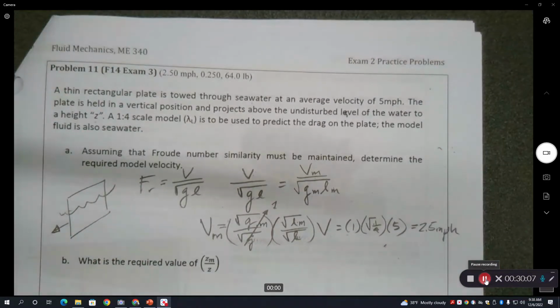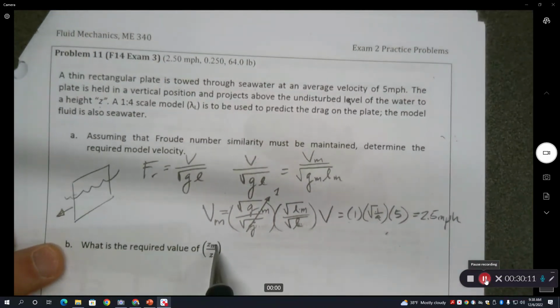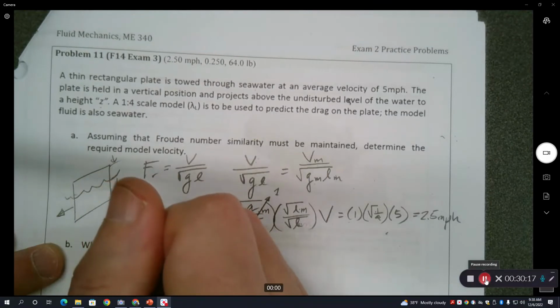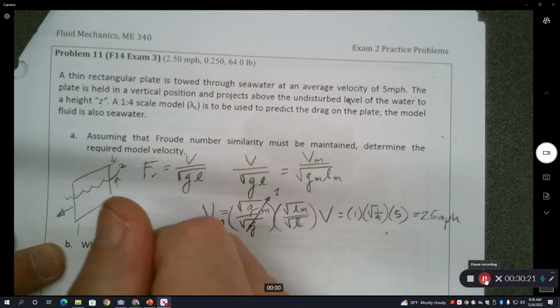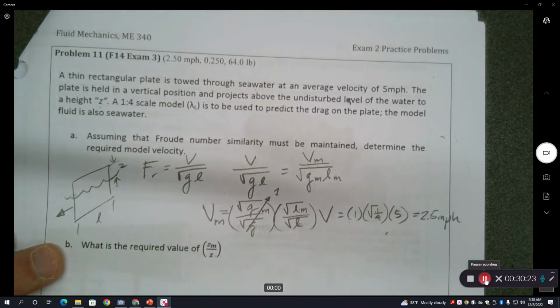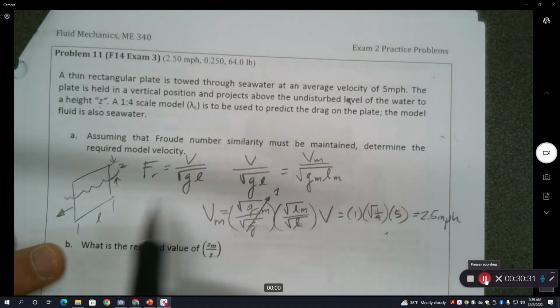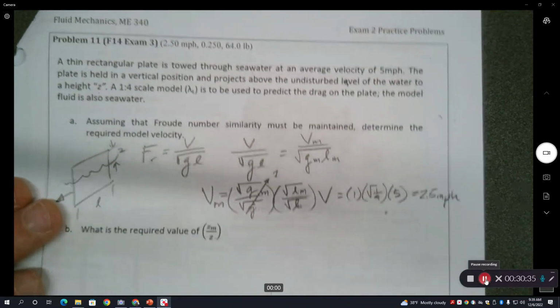Not an exciting problem. What is the required value of Zm over Z, where Z is this length right here? Just a quarter, isn't it? It's going to be 0.25 because it's the same. Your knowledge of Buckingham Pi here is really being tested.